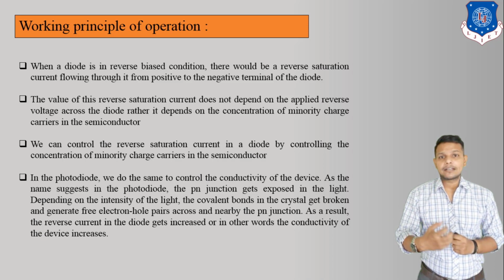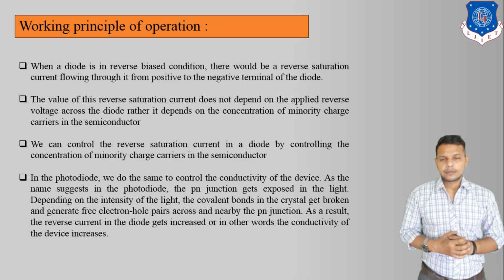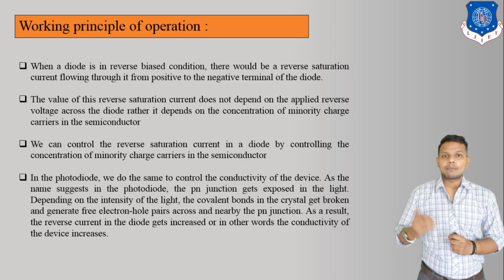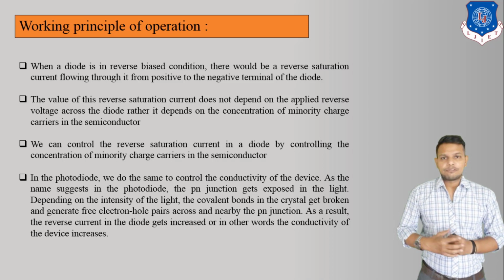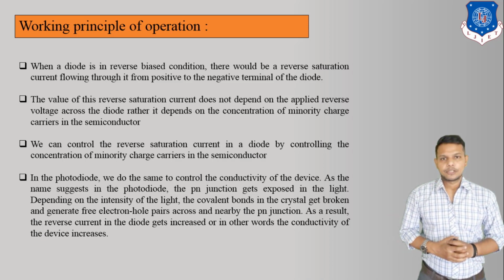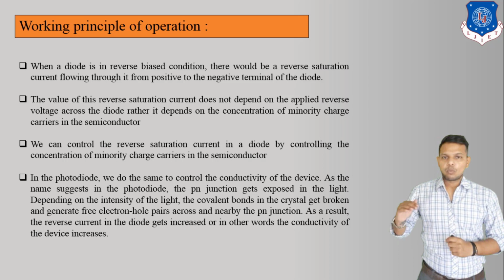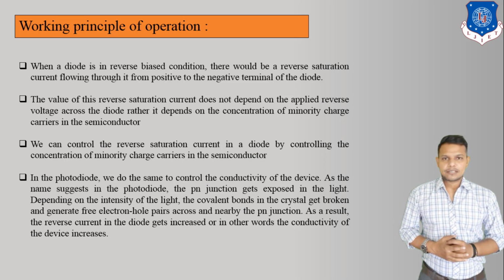If we strike light on that PN junction, it is a minor change and we can notice that current. If it worked in forward bias, then forward current always flows in milliamperes, and due to this we cannot measure or notice the current change in the presence of light. Due to this reason, it always works in reverse bias condition.